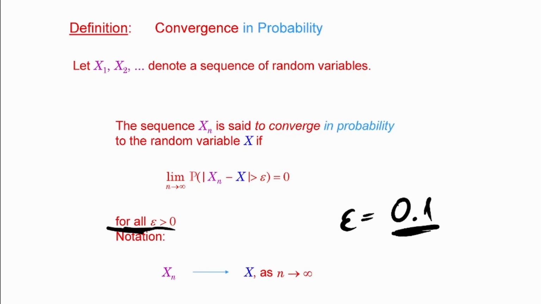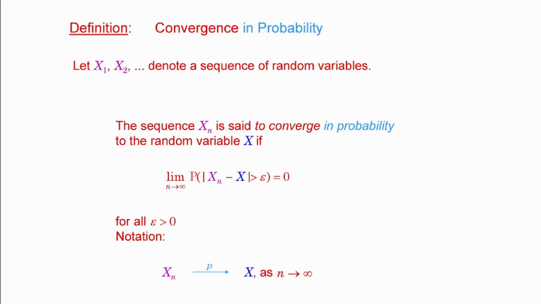So the probability that the distance of the members to the limit exceeds 0.1 converges to 0. So it's going to be less and less likely as the sequence progresses. If you're not sure what this means, I'm going to elaborate on that a little bit longer.